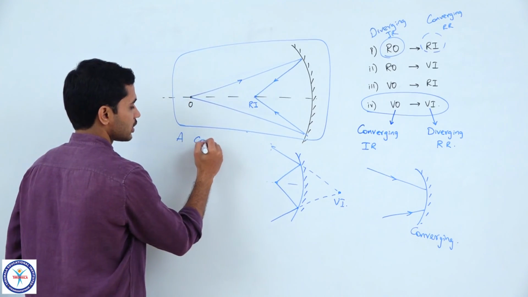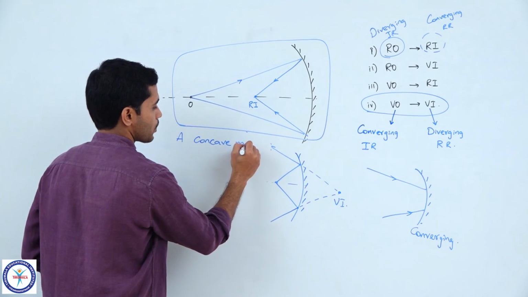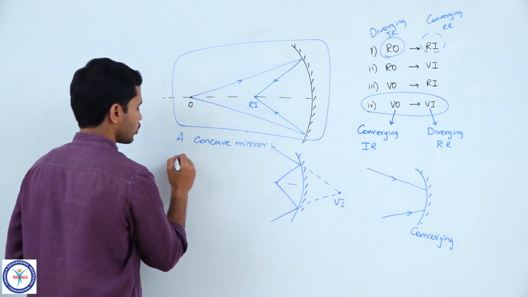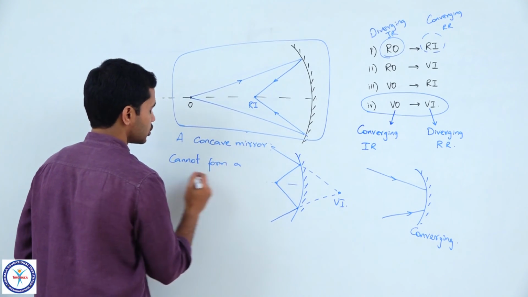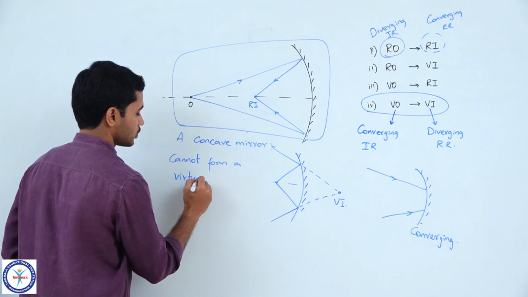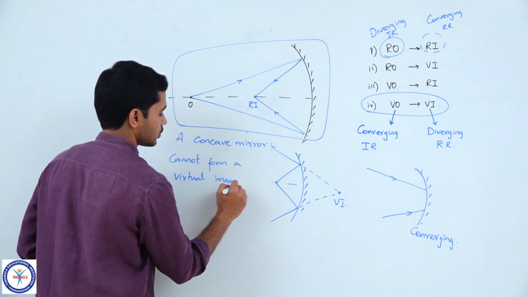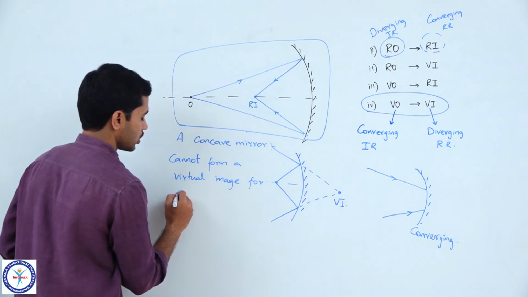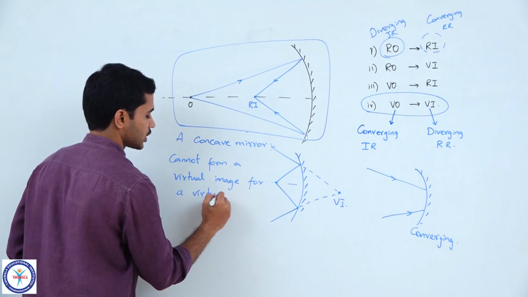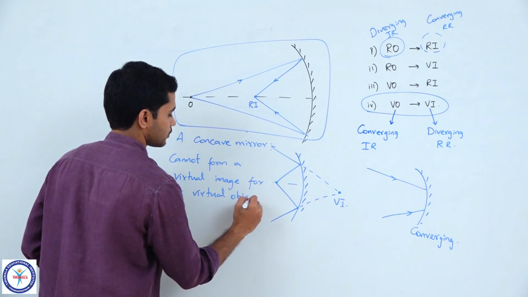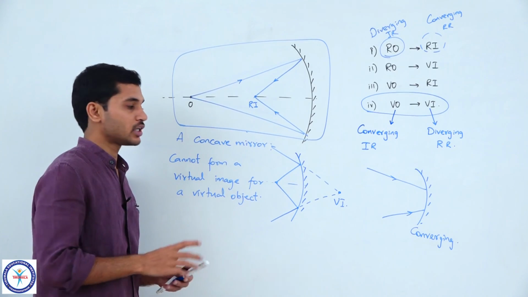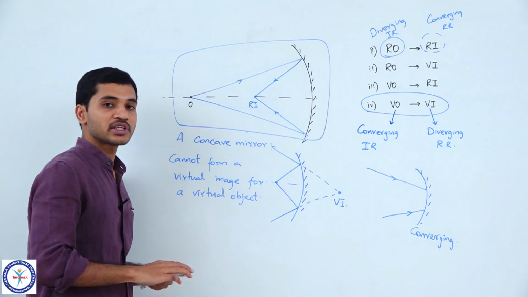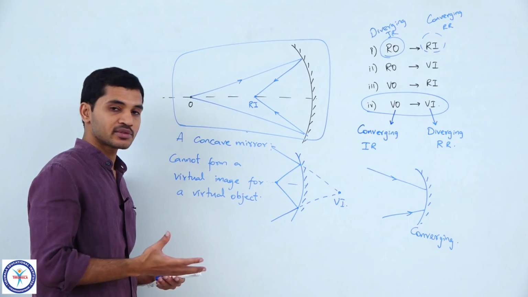A concave mirror cannot form a virtual image for a virtual object. Clear? And I hope you understood the reason why. Clear? Because a concave mirror is basically a converging mirror.